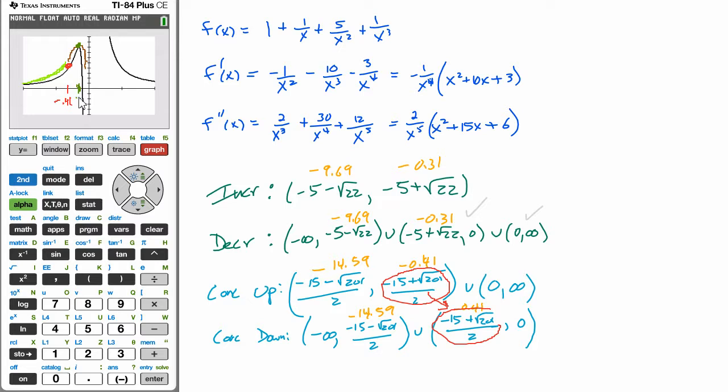Okay? It's a little hard to write in there, but negative 0.31, which is this guy. So we're transitioning from increasing to decreasing right there at negative 0.31, but our inflection point is at negative 0.41. We're transitioning from concave up to concave down. Okay, so that all makes sense.